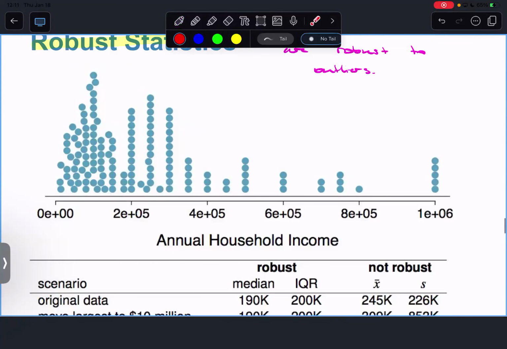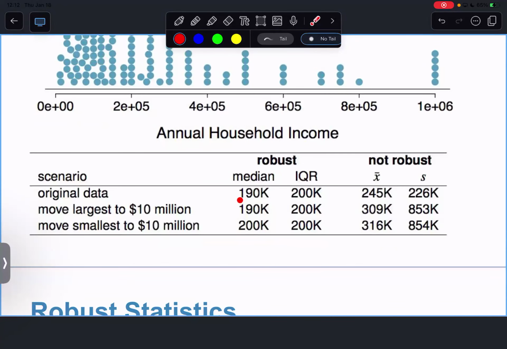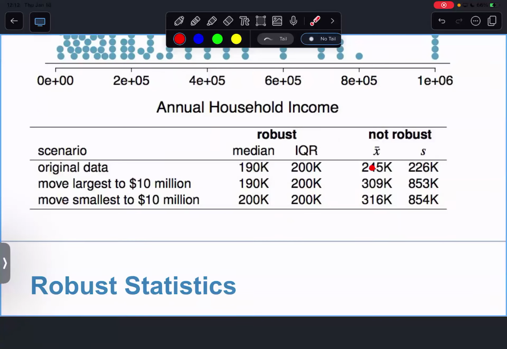And so one of the examples now, annual household income, I guess, again, money, it's skewed to the right, right? And so looking at this or even thinking about household income, I know it's going to be skewed to the right most likely, which means I should be using the median and the interquartile range as my center and spread. And just as an example to see how it changes, you have the original data and the mean and the median. Okay, so fine, 190, 245. Notice how the 245 is pulled in the direction of the tails, right? These higher values.